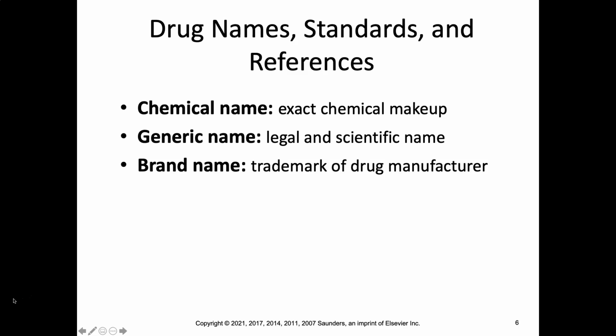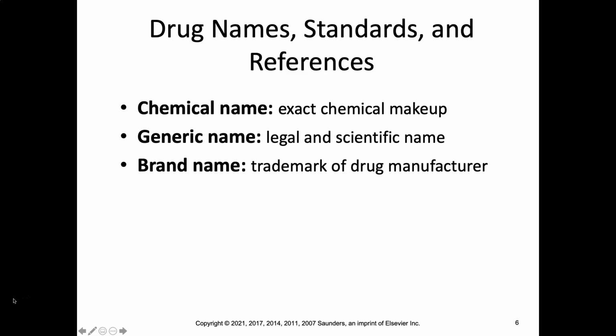The drug manufacturer usually trademarks it under a brand name in order for marketing and to sell, because for the first 7 years they have an exclusive right to produce that drug, and after the 7-year mark is up, anyone can produce it under their own brand name, and everybody knows it as the generic name.